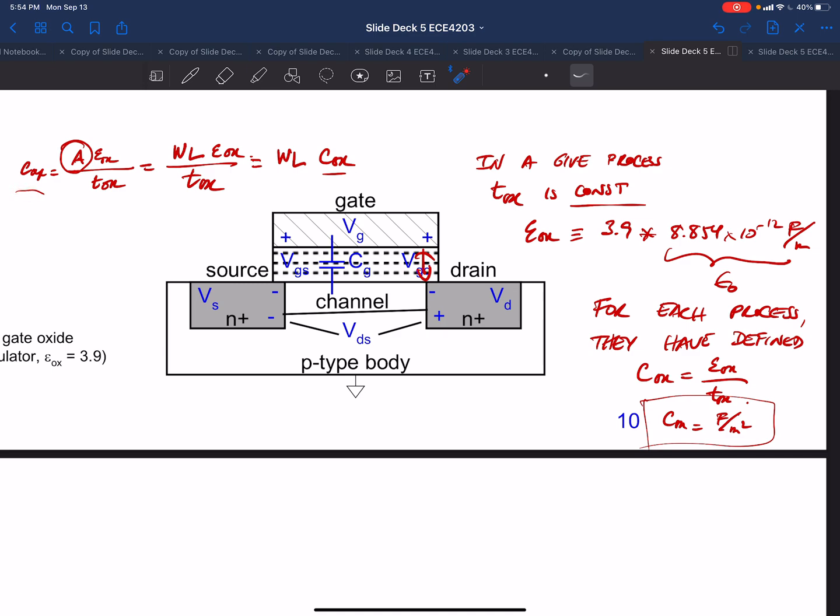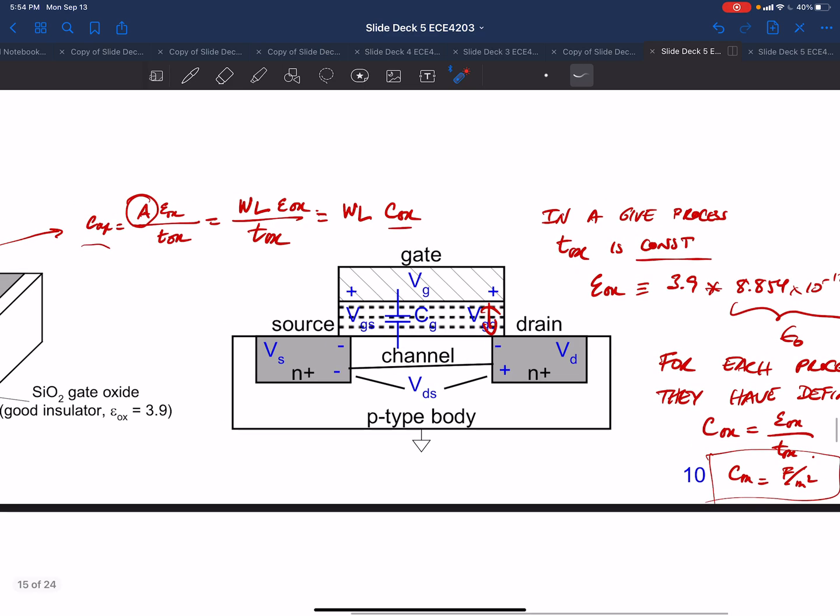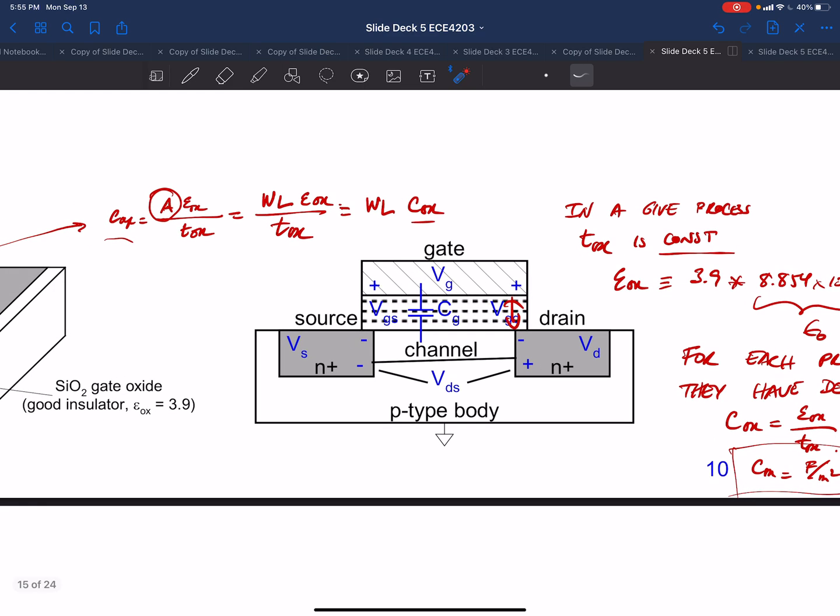Now, another shorthand, just a heads up that'll come in handy later: most of the time when you're doing digital design, you're going to keep the length at a minimum. So they give you the capacitance, or pull the length into the C ox, and you get C ox in farads per meter, assuming the length is constant and minimum for the process.